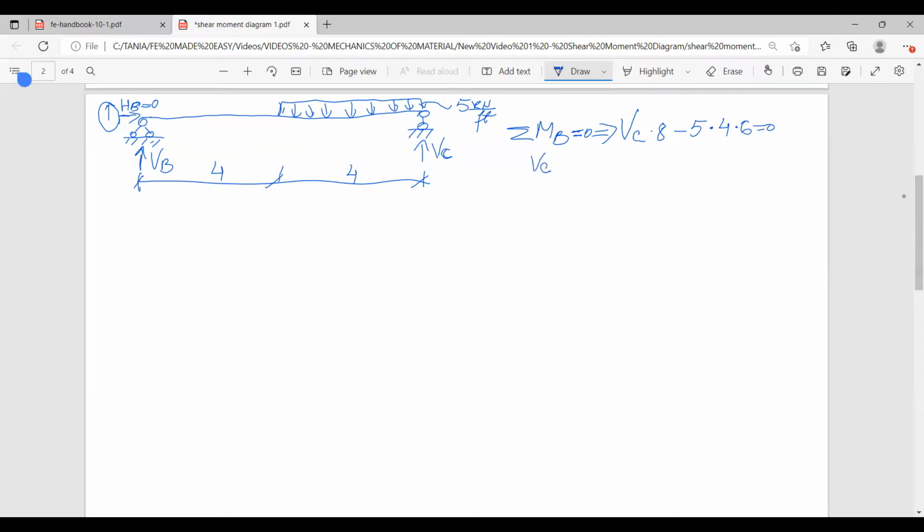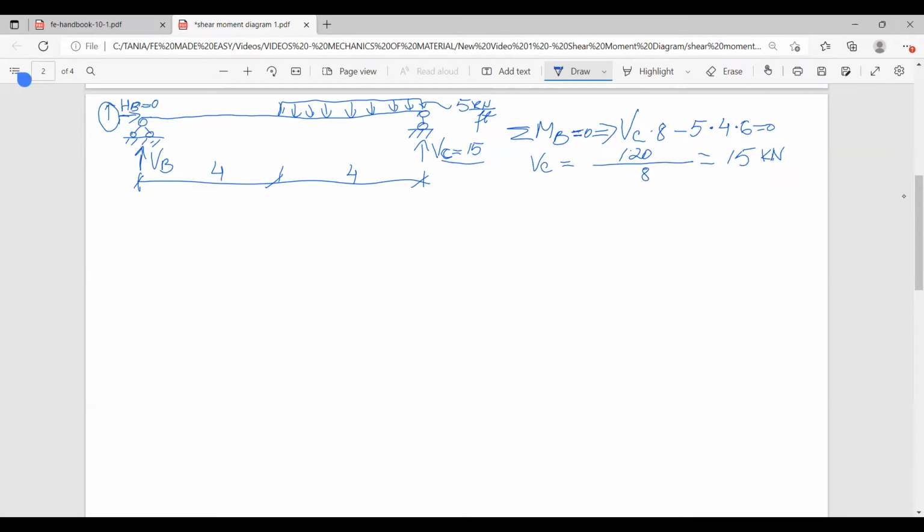From here, reaction at C equals 5 times 4 times 6, which is 120, divided by 8. And the reaction at C equals 15 kilonewtons. I'm going to add it here, 15.